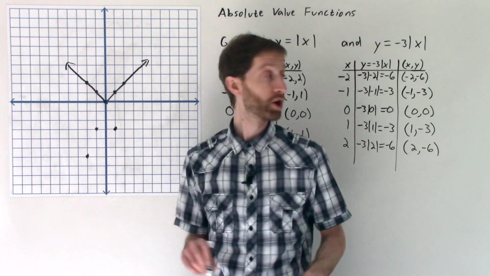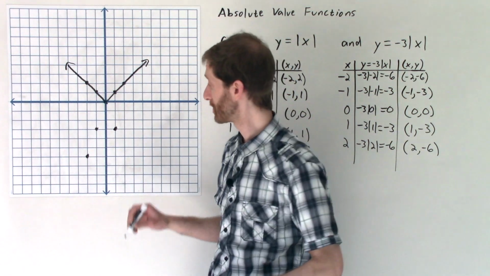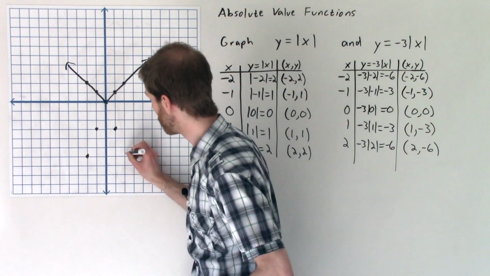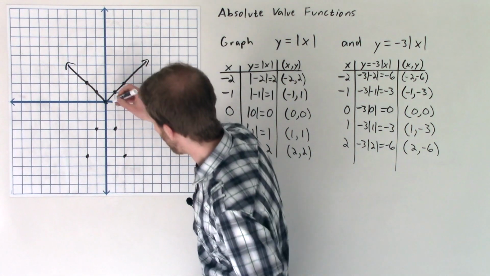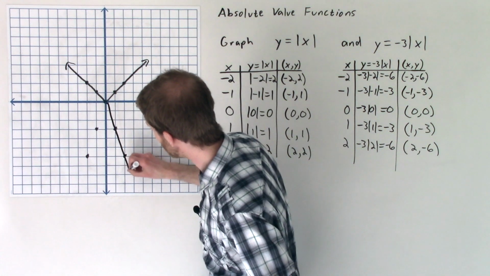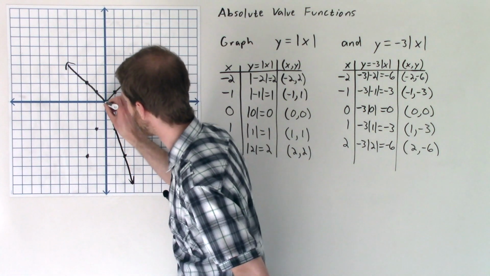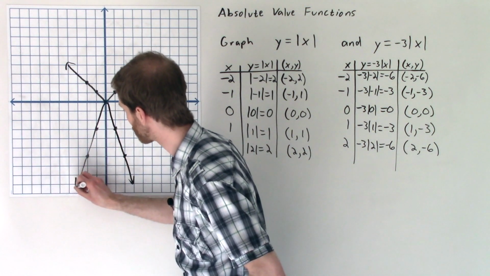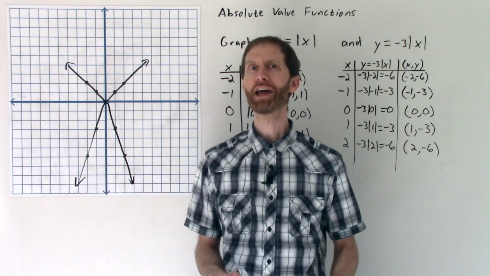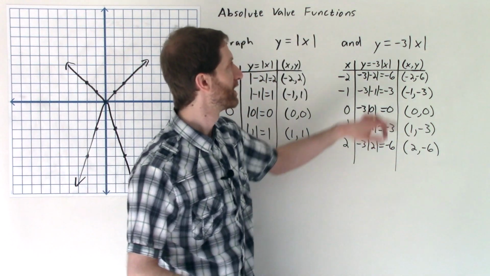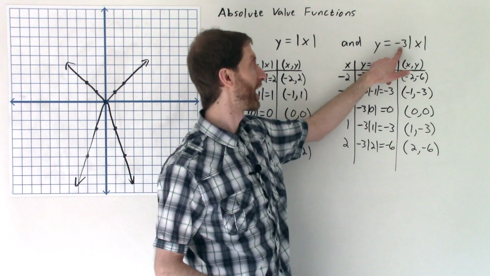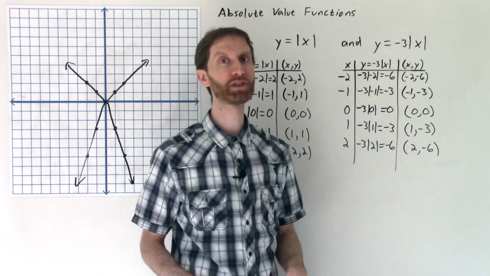And finally, we've got the point 2, -6. All we do now is connect those points. Interesting. We see that we have steeper slopes here for those lines, and it's flipped downwards. I bet the negative has something to do with that, and I bet the 3 has something to do with the steepness.